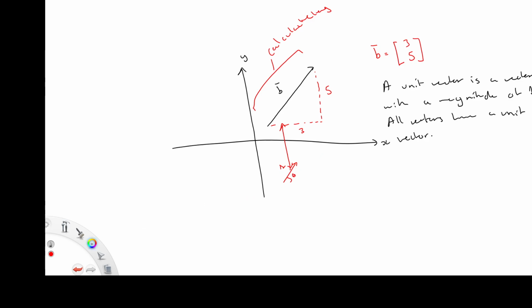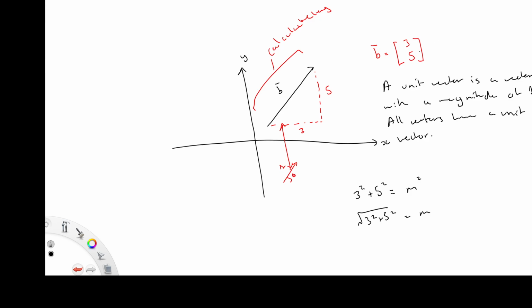So what you have to do is find the magnitude of the vector first. You use Pythagoras' theorem. So it'll be 3 squared plus 5 squared equals, I'm just going to say m for magnitude, squared, right? So you just square root all of it. Square root of 3 squared plus 5 squared equals m. That's the magnitude of the vector.